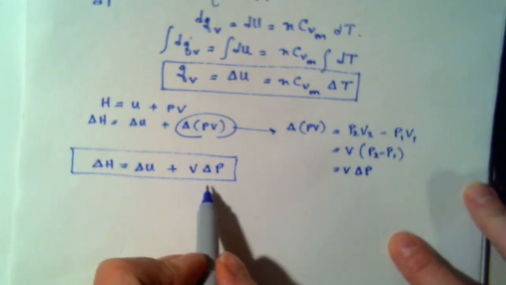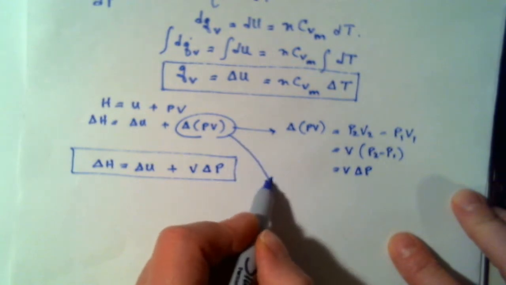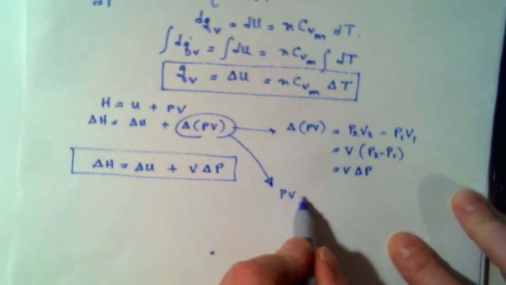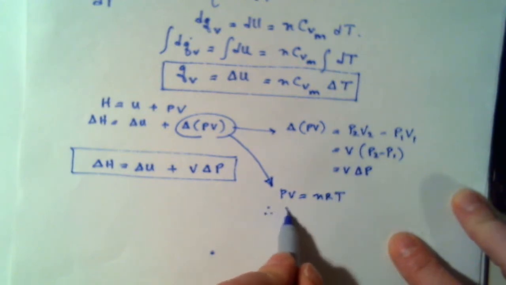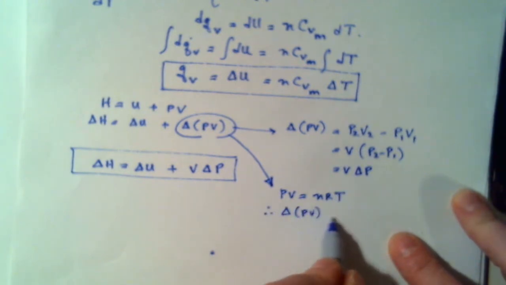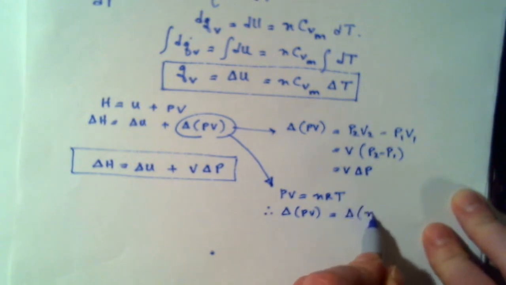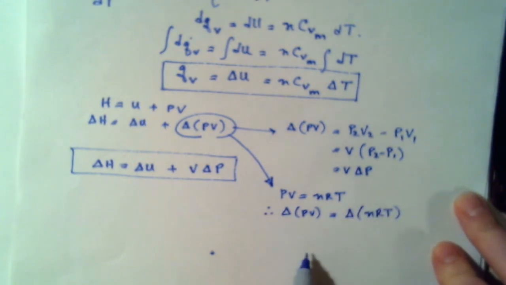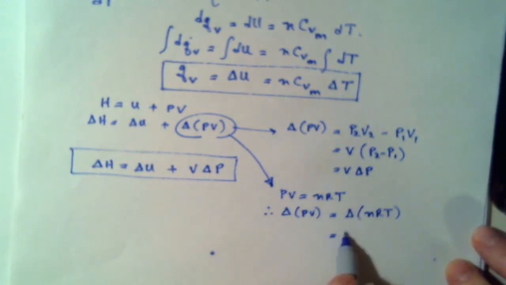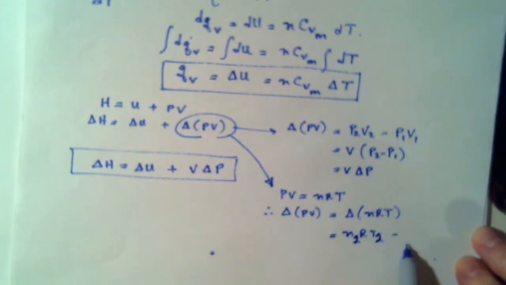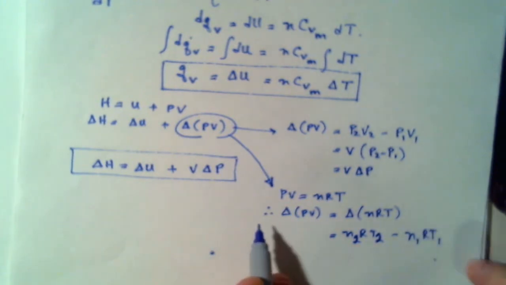Another possibility here, I'm just going to go this way, and I know that PV is equal to nRT. So therefore, a change in the PV product is actually equal to a change in the product of nR and T. And so that is equal to n2RT2, nope, sorry, that would be final, minus initial, or n1RT1.